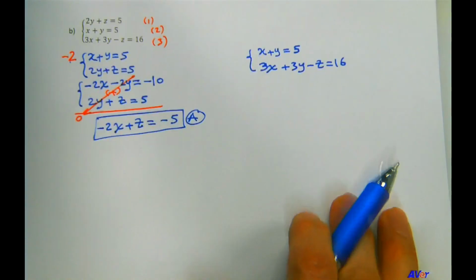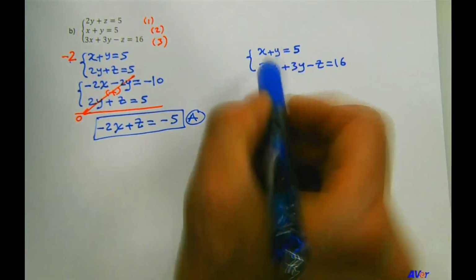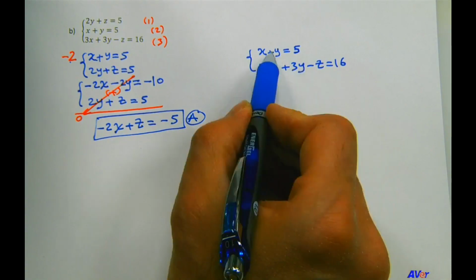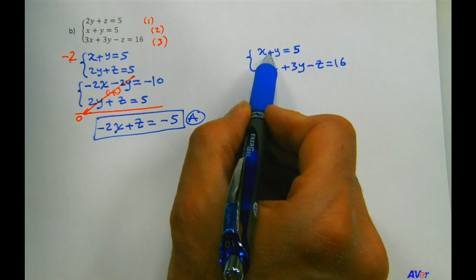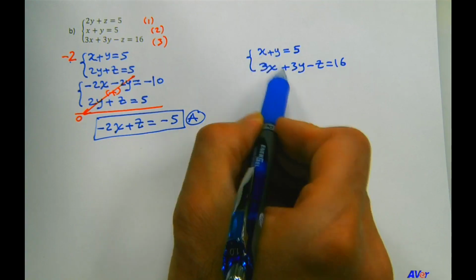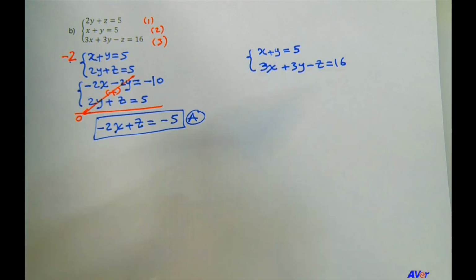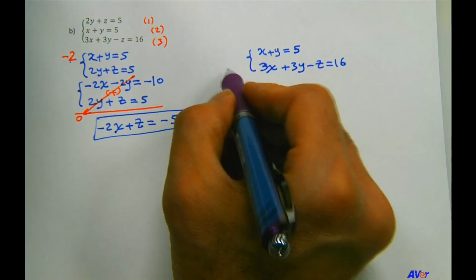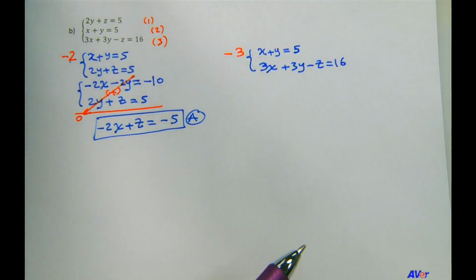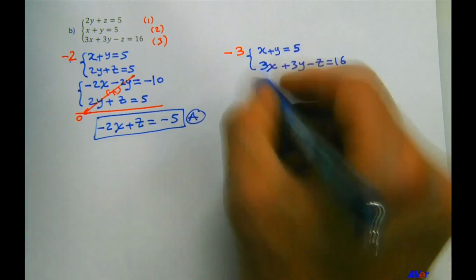Okay, let's do that. So to eliminate the variable y, I must make sure that the y terms have coefficients that are equal but opposite in algebraic sign. Therefore, with that goal in mind, I have to multiply the top equation here by -3. So what do we end up with?